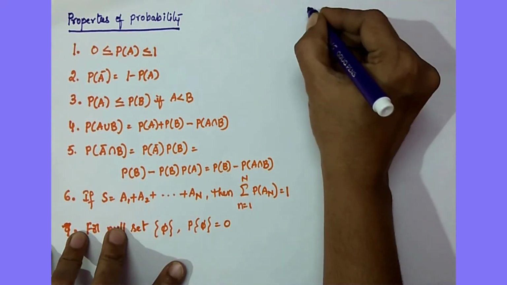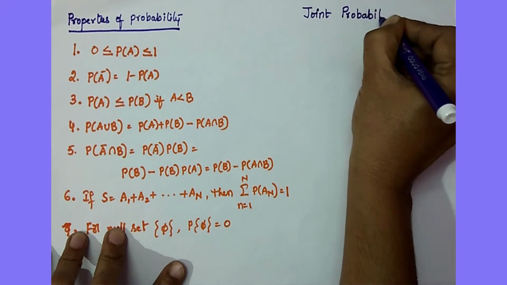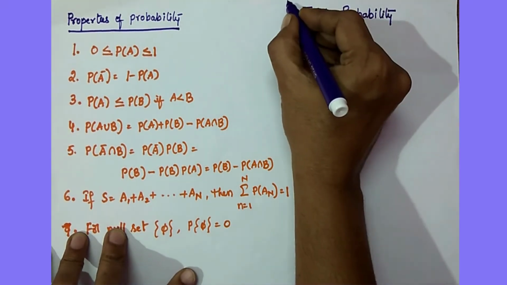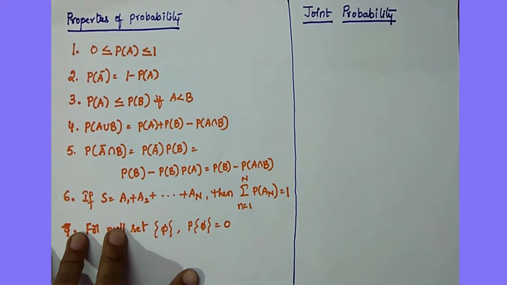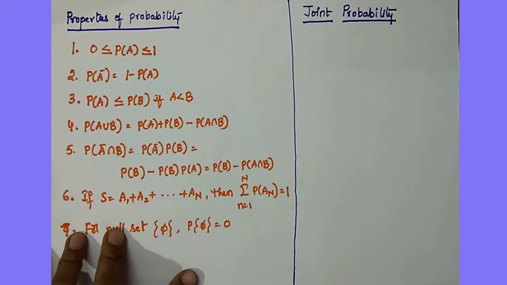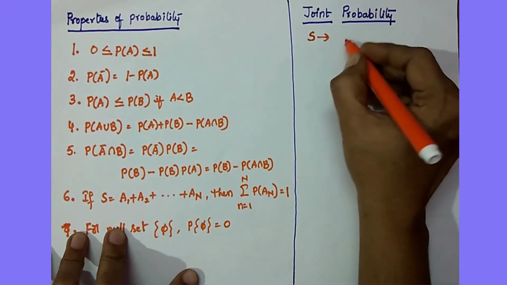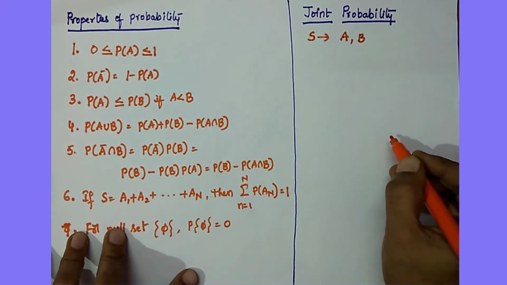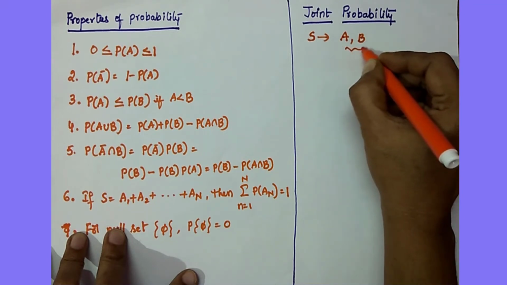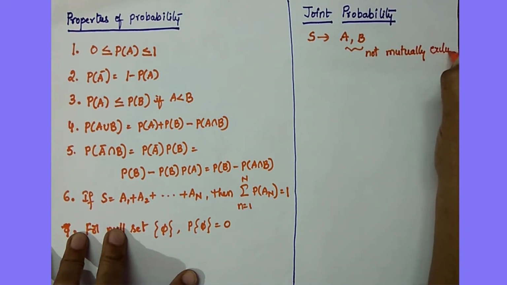Now, let me explain joint probability. Consider a sample space S and assume that there exist two events A and B which are not mutually exclusive events.